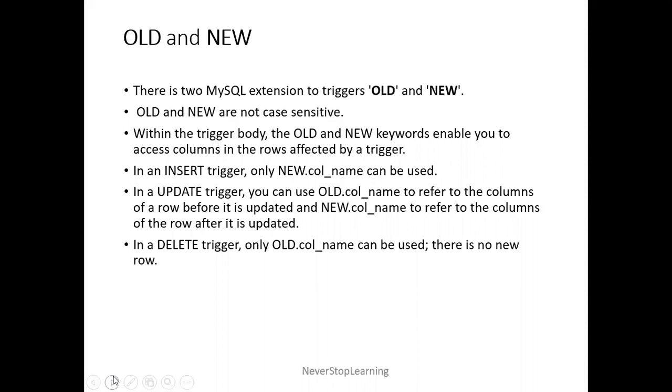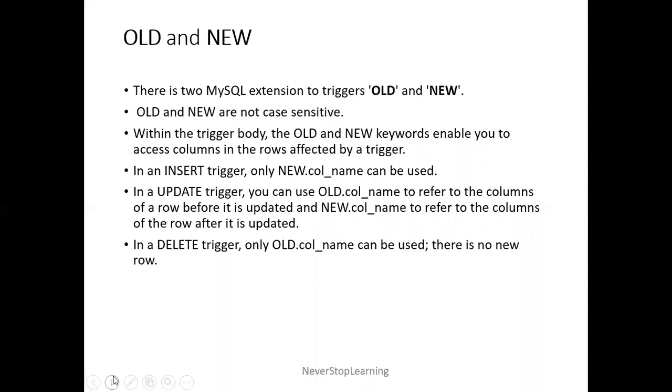So basically it's an extension. This dot operator will come and I can refer to the column as if it is the new row we are inserting, so we will call it NEW.column_name. If I want to update, in an update trigger you can use OLD.column_name to refer to the column before updating, and after updating you can use NEW.column_name.